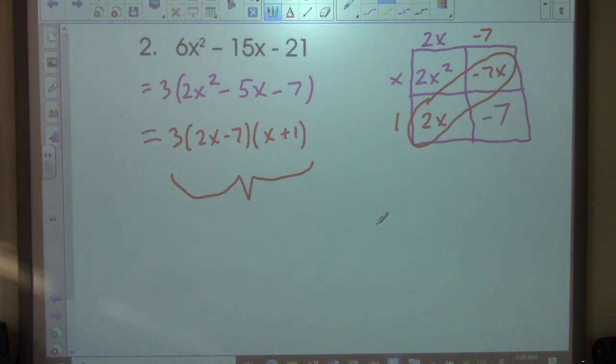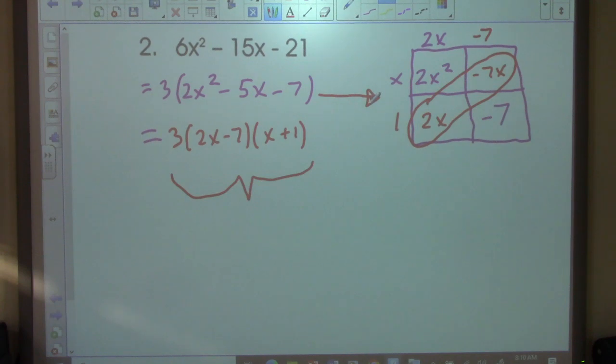No. Kaylee? It does not? Where did you get the x plus 1? Because I have over here x plus 1. So, I have 2x minus 7 up here, so that's what they are. And you multiply these back together, you get 2x squared minus 5x minus 7. Are you using the outside of the box to fill in the segment? Pardon me?